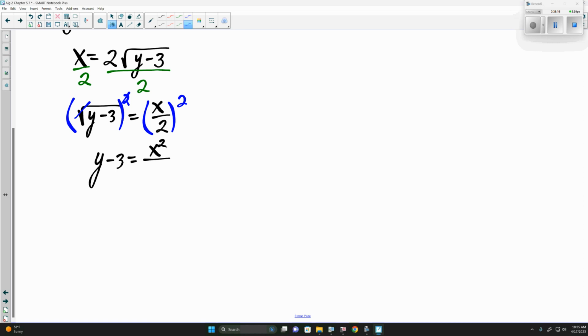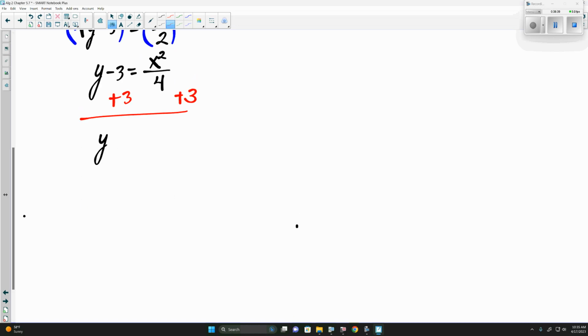So x squared is x squared. The denominator 2 squared is 4. And now we can add 3. Almost.